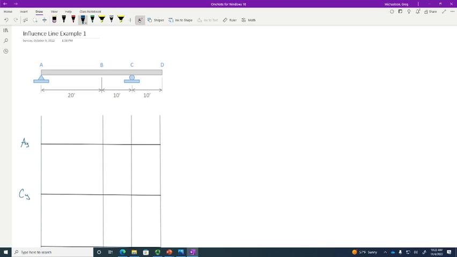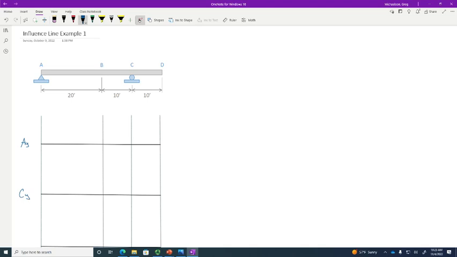Now, help me out. How does an influence line work? Let's go back to the Mueller-Breslau principle. We're drawing the influence line for the reaction at A. We remove from the structure the ability to resist the reaction at A. If that pin support is gone, and all I'm left with is a beam and that little roller, we've got kind of like a seesaw going on, right?